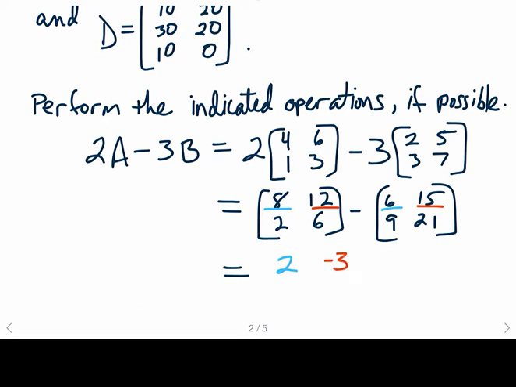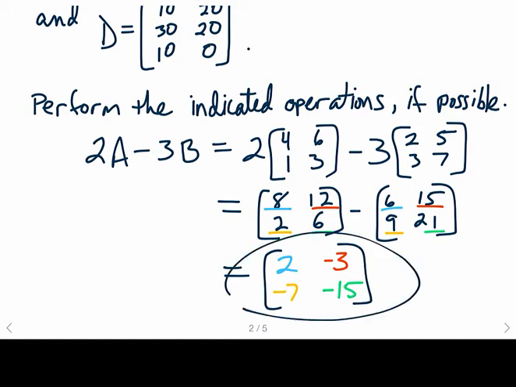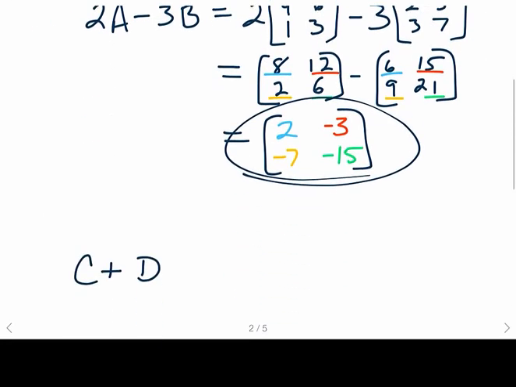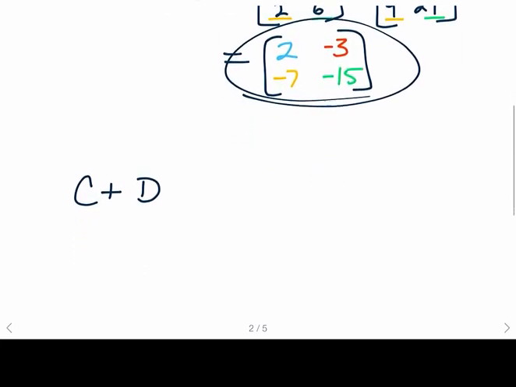That's negative 3. And then 2 minus 9. That's negative 7. And then 6 minus 21. That's negative 15. Couldn't really be any easier. That's it. I know.